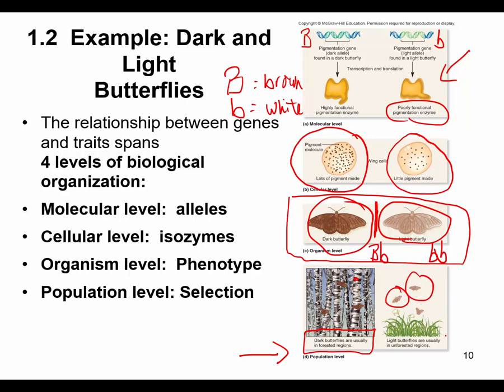But the light butterflies are very successful in the meadows and fields, unforested regions, because they have light areas to land on and the birds can't see them. So at the population level, some genes will have advantages over other genes, and we'll look at these selective pressures. And of course, that has everything to do with natural selection and evolution, and we'll talk about that.